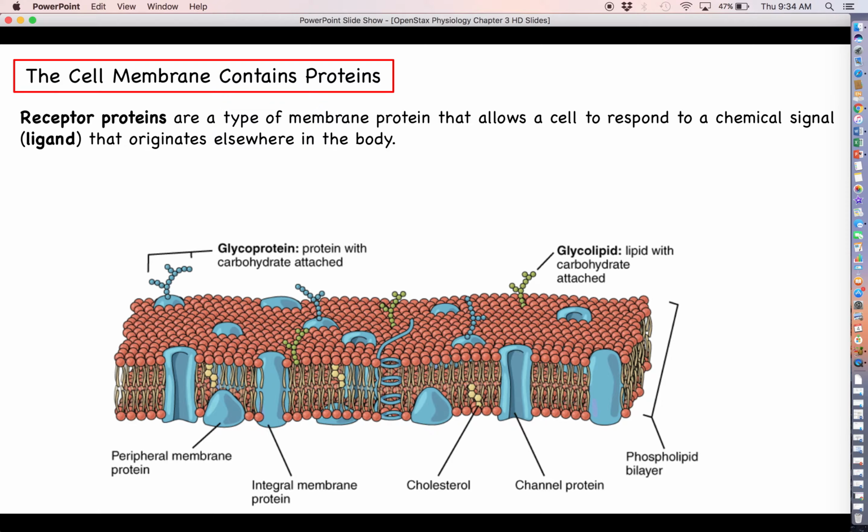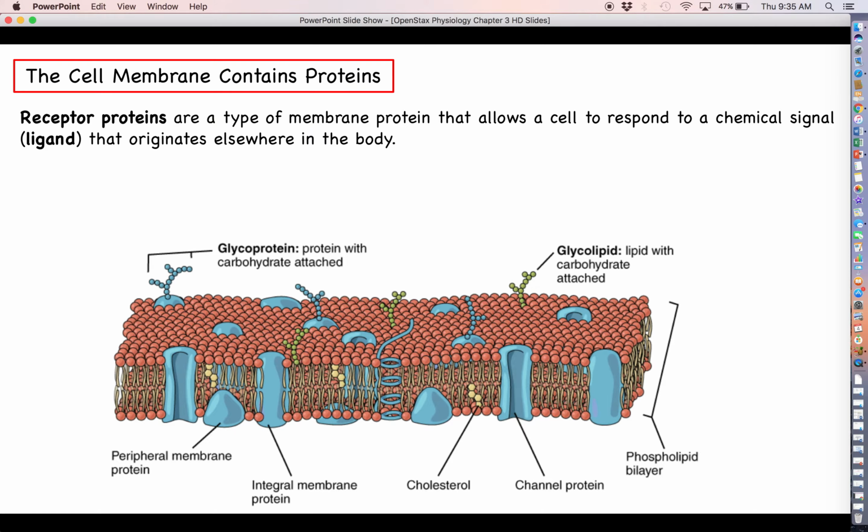So back to our major focus, which is membrane proteins. Receptor proteins, which again we're going to talk about a lot more when we start talking about cell-to-cell communication later on, are a type of membrane protein that allows a cell to respond to a signal that originates somewhere else in the body.